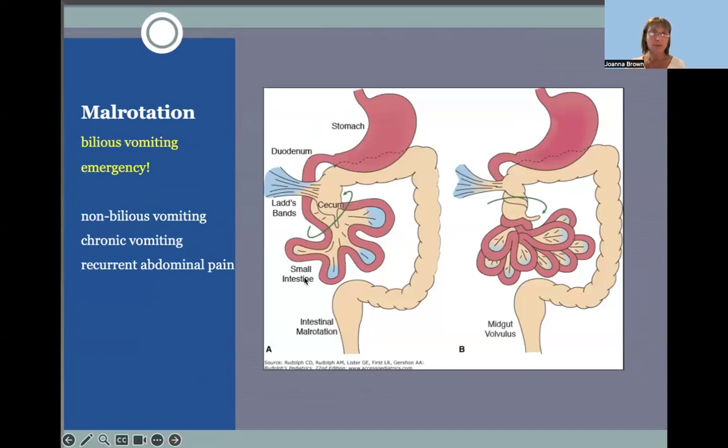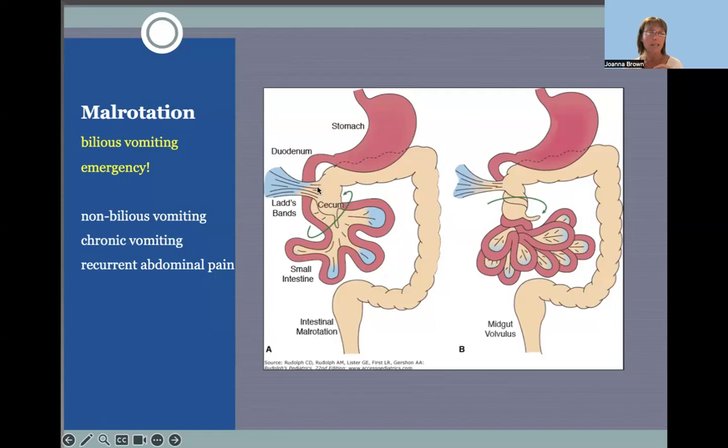Because this is what happens in malrotation. You have all of the loops of the small bowel positioned on the right side of the abdomen and the large bowel positioned on the left. But what does it mean? Here the root of the mesentery is very, very short, and you have an additional congenital abnormality called Ladd's band, which goes through the part of the duodenum.